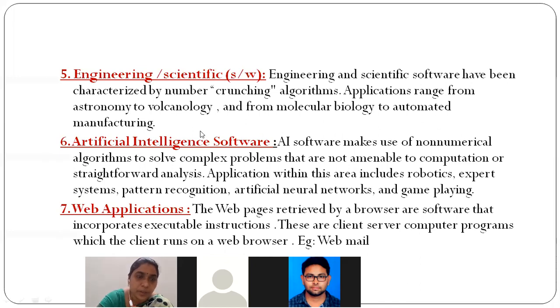For those training purposes, we need artificial intelligence software. The best examples of artificial intelligence are robotics. Robots use expert systems, pattern recognition, artificial neural networks, game playing, etc. All these come under artificial intelligence software, right?